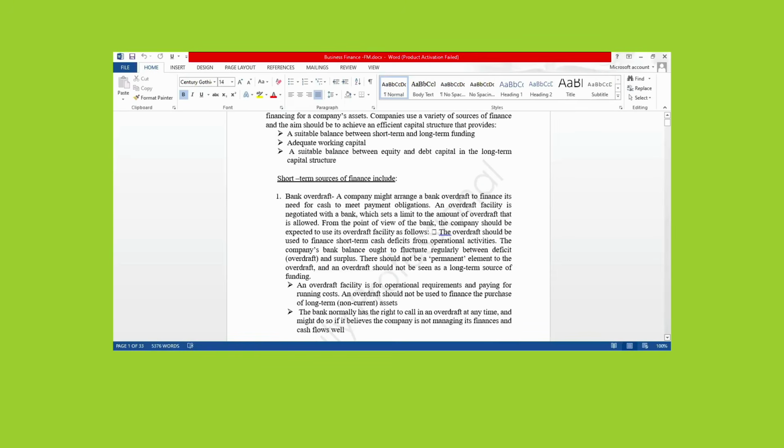A company can obtain an overdraft facility to finance its operations. The topic is, how can companies source financing? One is the overdraft facility. A company might arrange a bank overdraft to finance its operational needs.